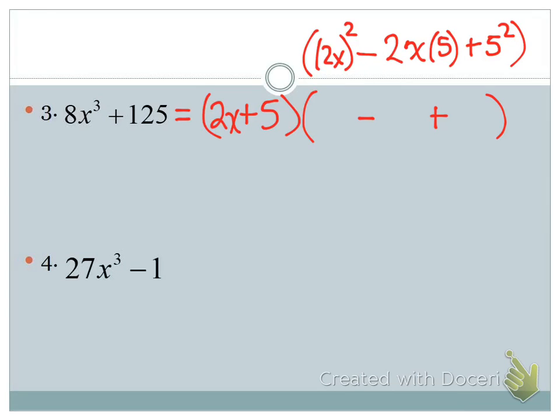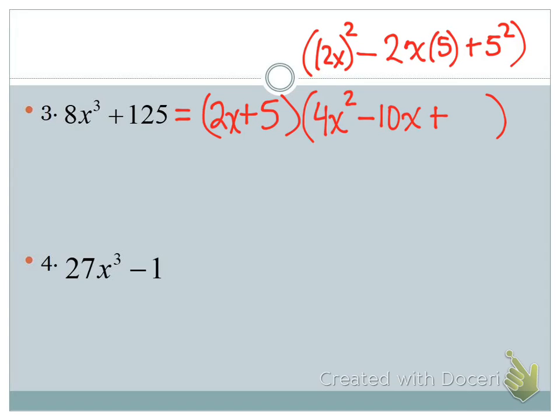When I square 2x, what do I get? Good. That becomes a 4x squared. The whole thing's getting squared, including the 2. In the middle, I take 2x times 5. 10x, good.